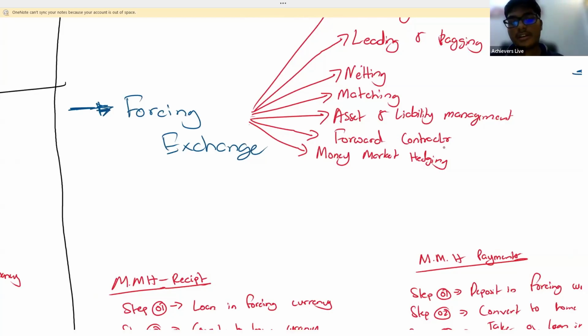Next, you have currency futures. So you have to remember what are the differences between currency futures and forward contracts. Guys, tell me differences between currency futures and forward contracts. What are the differences?